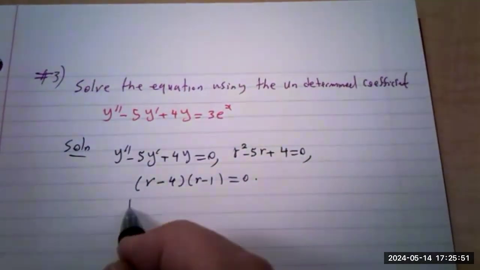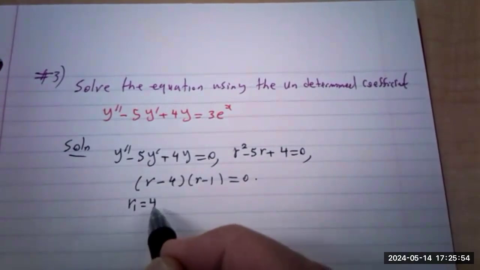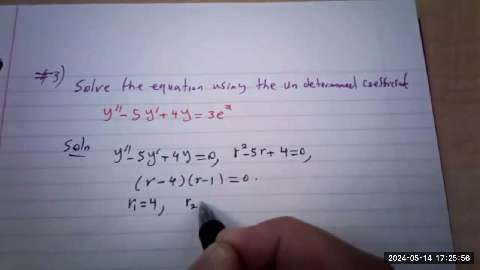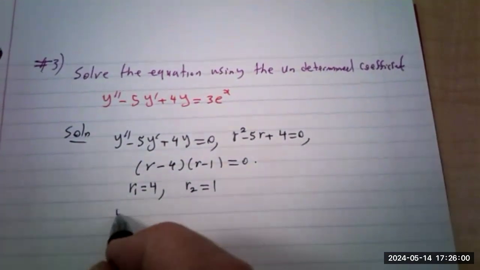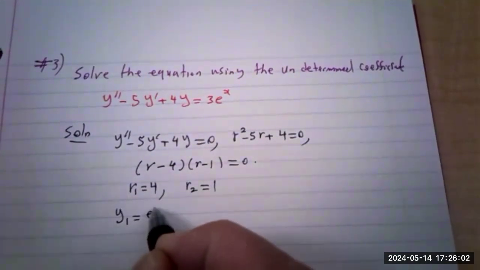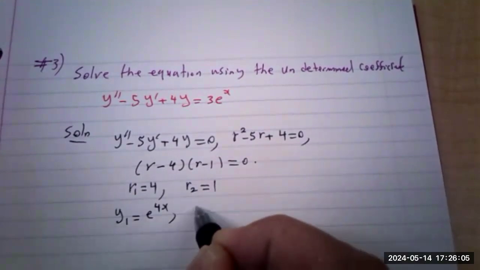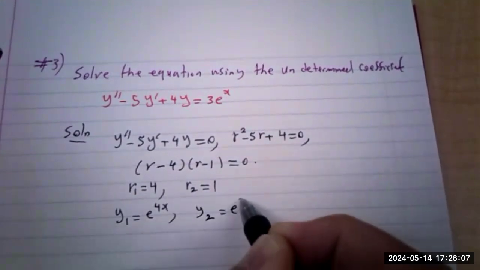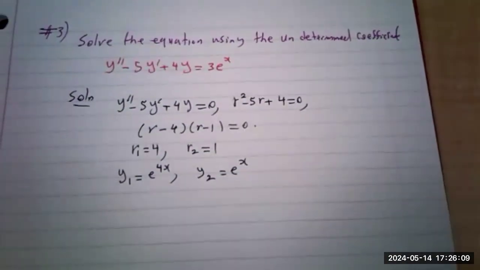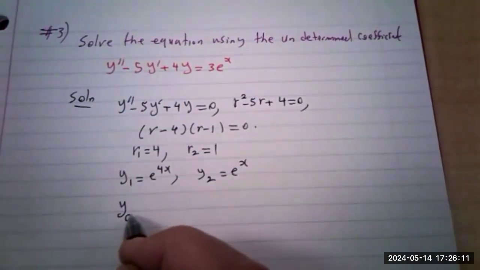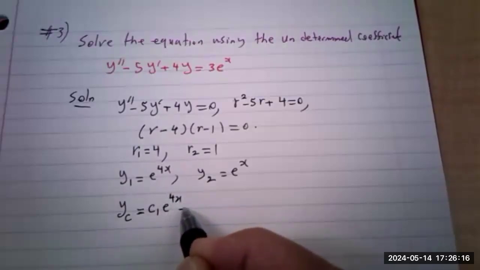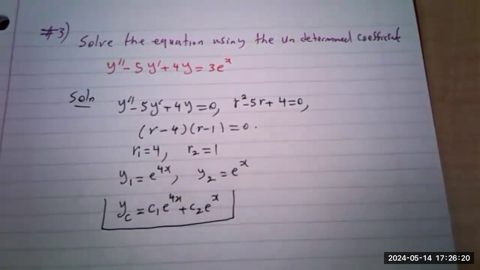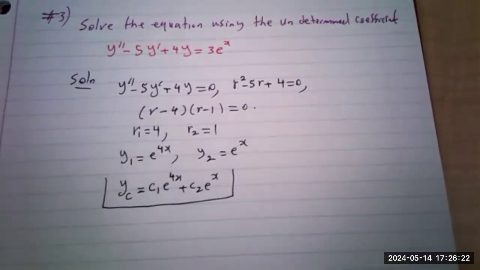So we have two solutions, r1 equal to 4 and r2 equal to 1, distinct solutions. So the corresponding solutions are y1 equal to e to the 4x and y2 equal to e to the x. So the linear combination gives you yc: c1 e to the 4x plus c2 e to the x. That's a yc.